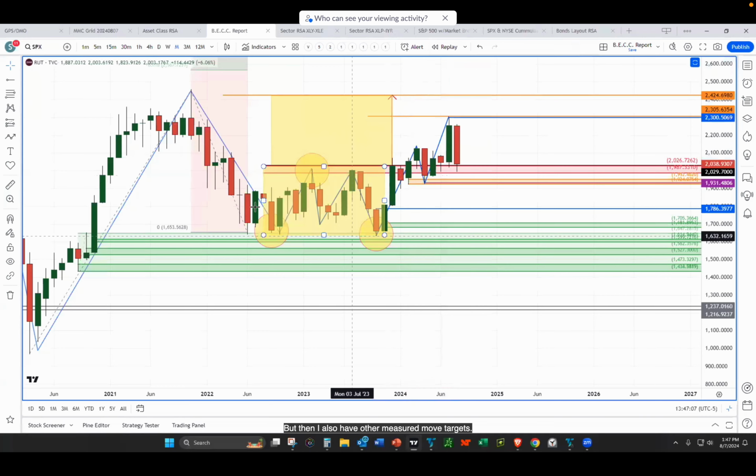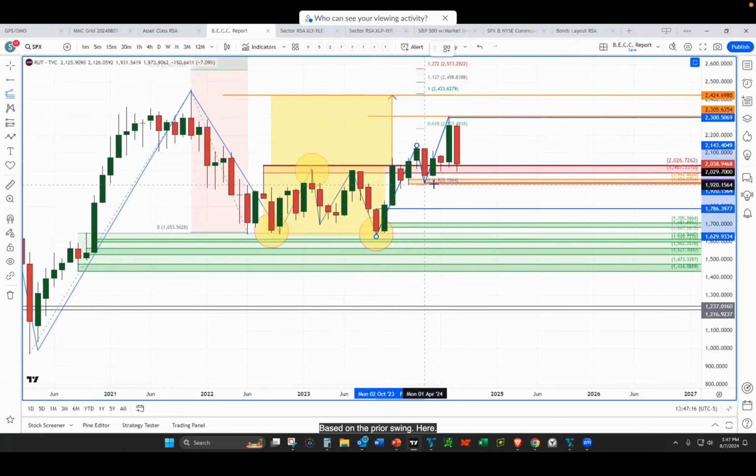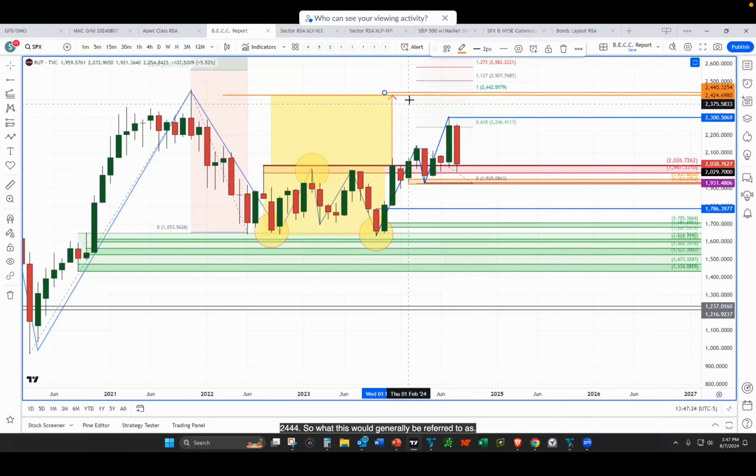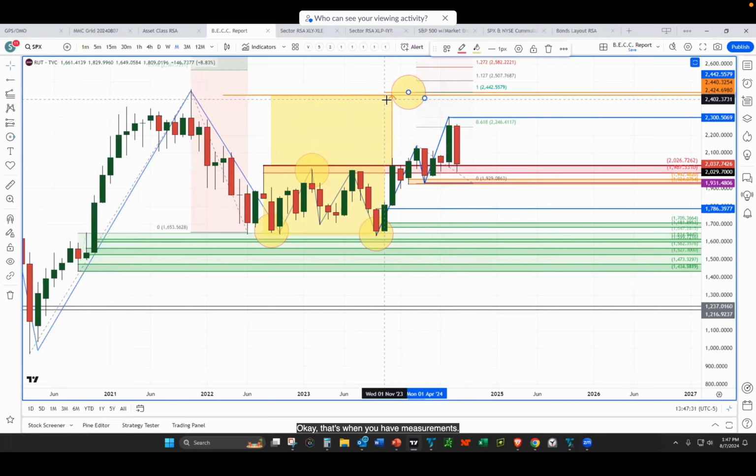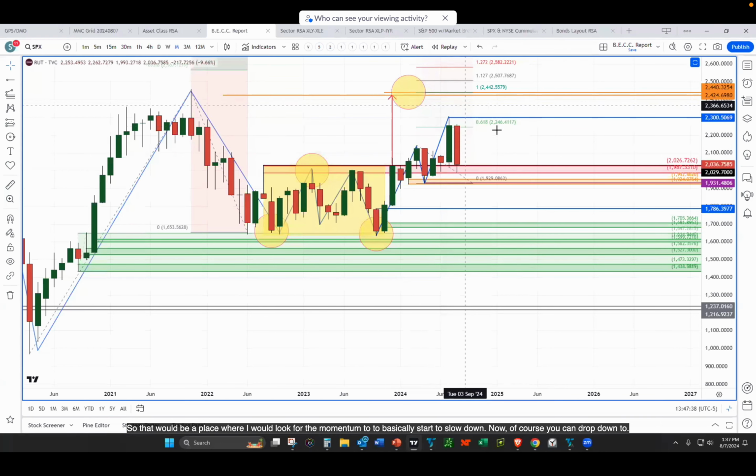But then I also have other measured move targets based on the prior swing here, which gives us a target in and around 24.44. So what this would generally be referred to as is an area of confluence. Okay, that's when you have measurements from different areas that are lining up in about the same place. So that would be a place where I would look for the momentum to basically start to slow down.